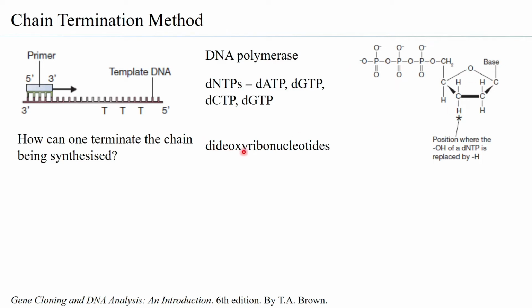In case of dideoxyribonucleotides, the 3' carbon also is devoid of an OH group, so it only has an H. So therefore, this specialized nucleotide does not have an OH at the 2' carbon, nor does it have an OH at the 3' carbon.